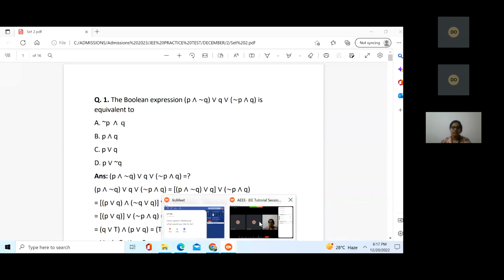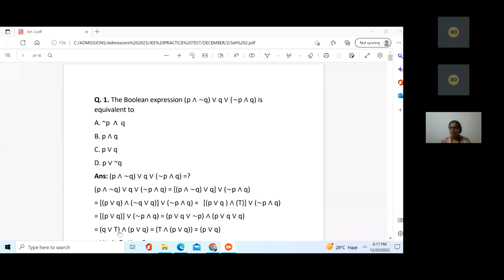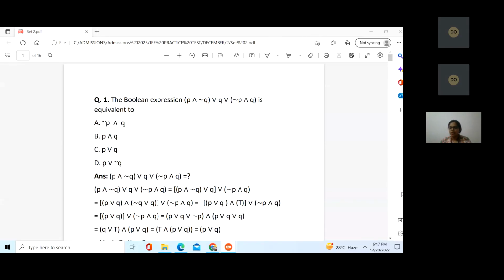If some students have completed, you can type your option in the chat box, or we can directly start with the discussion. I think some students were there in the last class also.